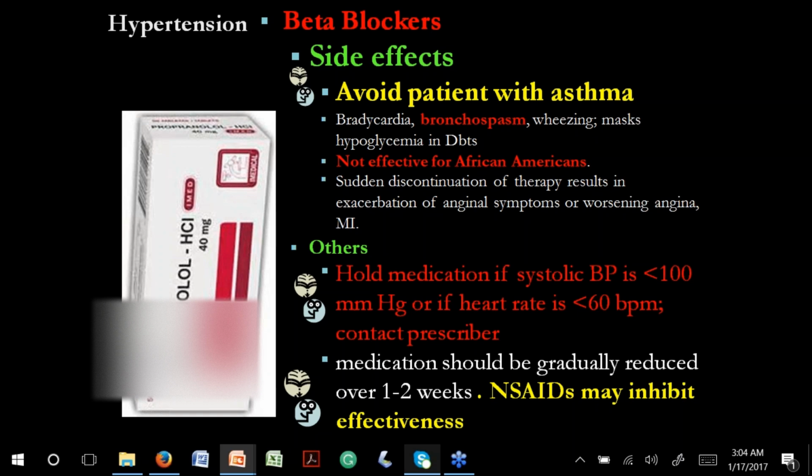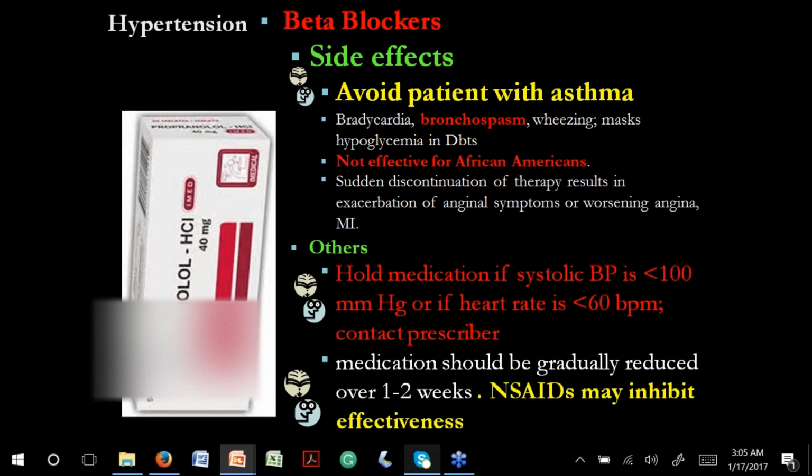So what does a beta 1 blocker do? It is going to block beta 1, right? What does beta 1 do normally? Physiologically, beta 1 increases the heart rate and increases contractility. So beta blockers do the opposite. They diminish the heart rate and diminish the contractility.